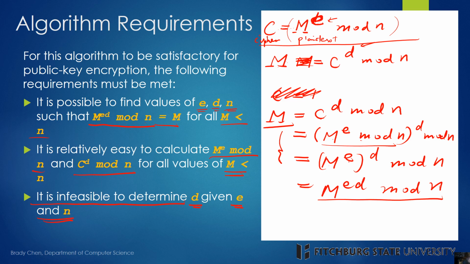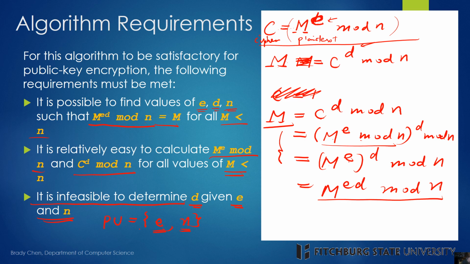Because remember, we make the public key the E and the N. So this value N and also E are known to everyone, because we're going to make E and N public.